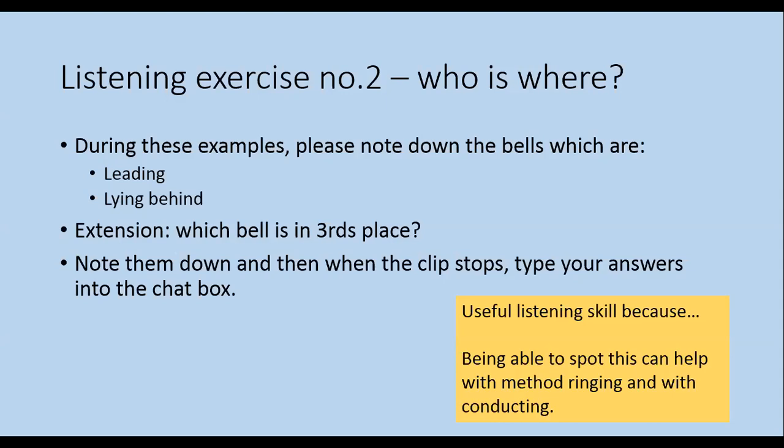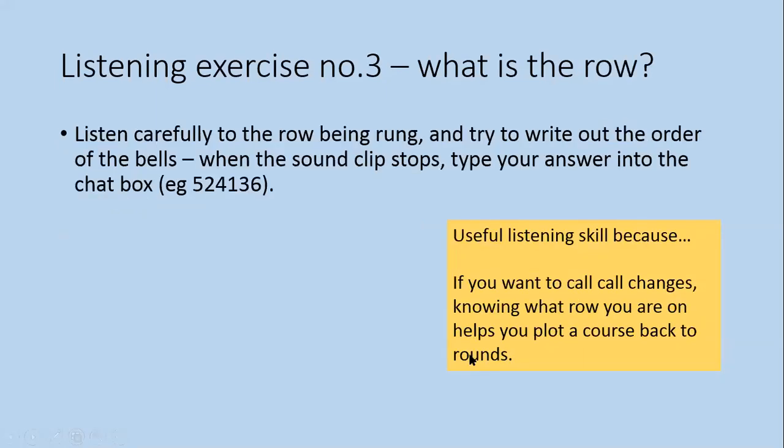Let's have another quick listen. So the treble was leading, the 5 was the bell in 3rd place, and the 3 was on the back. Well done if you got some of those right. Don't worry if you weren't sure, because I think actually that was quite a hard one.